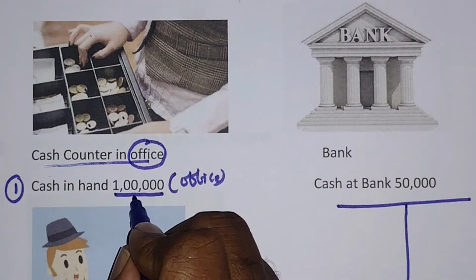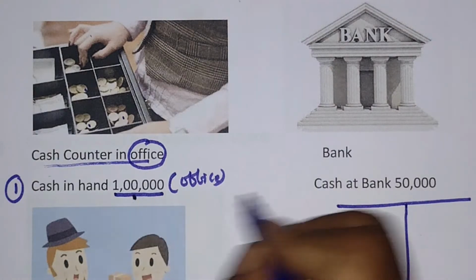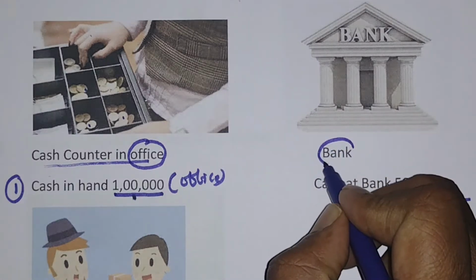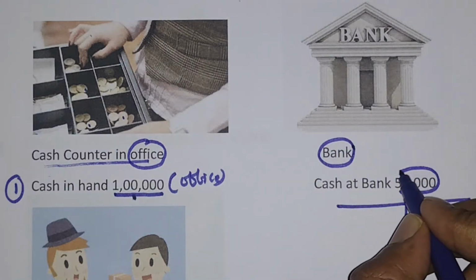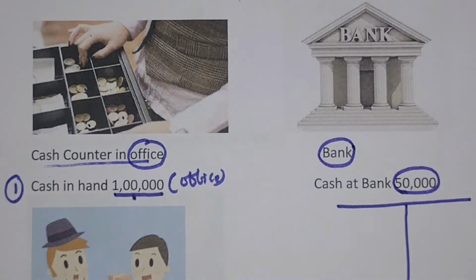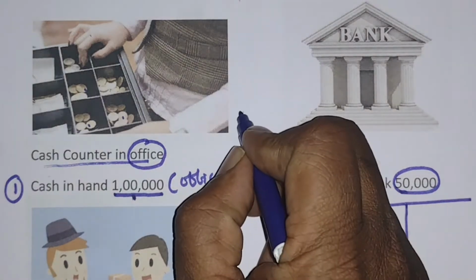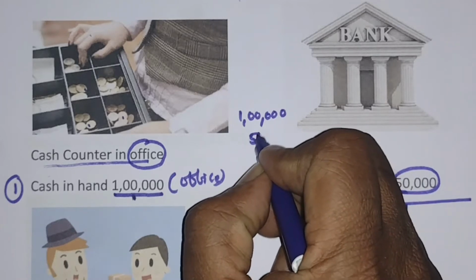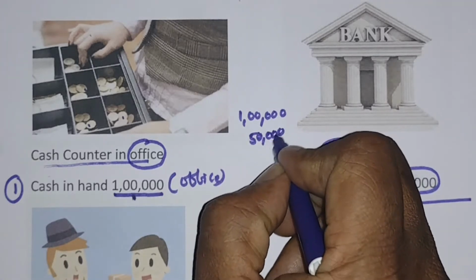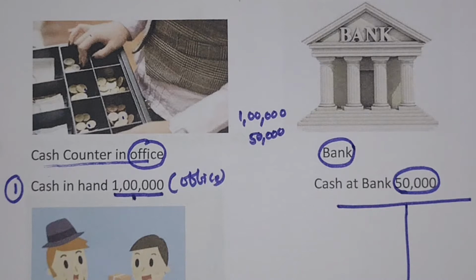And apart from the 1 lakh rupees in the business, the same person deposited 50,000 rupees into the bank. Then overall how much money does the owner have? 1 lakh rupees in the office and 50,000 rupees in the bank.